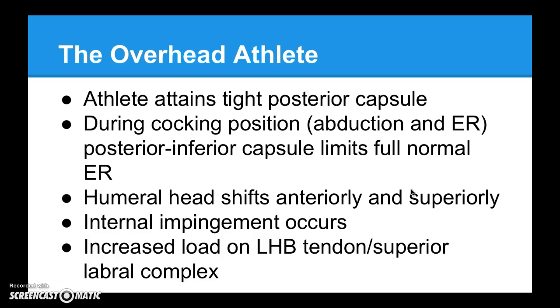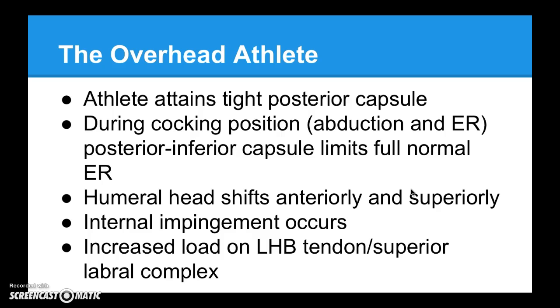This condition is so prevalent in overhead athletes, we found this patient population to be a great example to explain the mechanism of injury that occurs with secondary impingement. Often the athlete will attain a tight posterior capsule, the reason for which is not totally understood at this point in time.